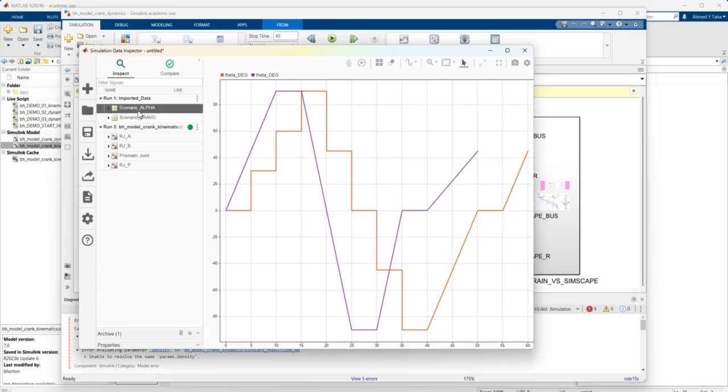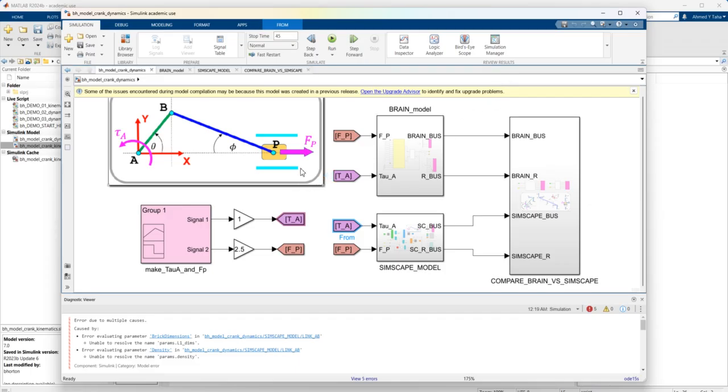Okay, so that's the alpha, that's for Bravo, this is for the theta degree.